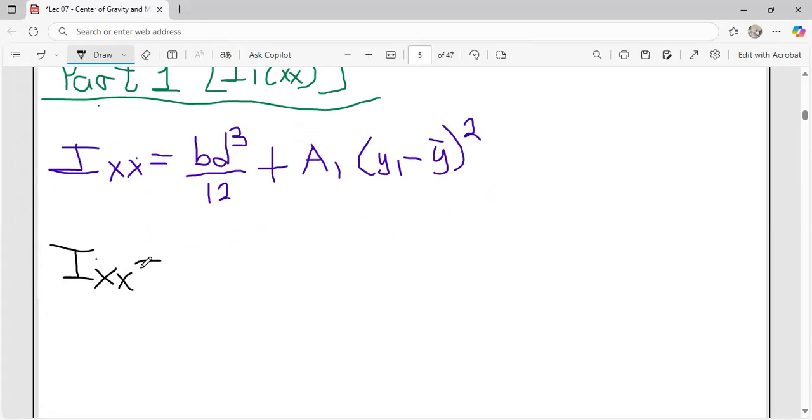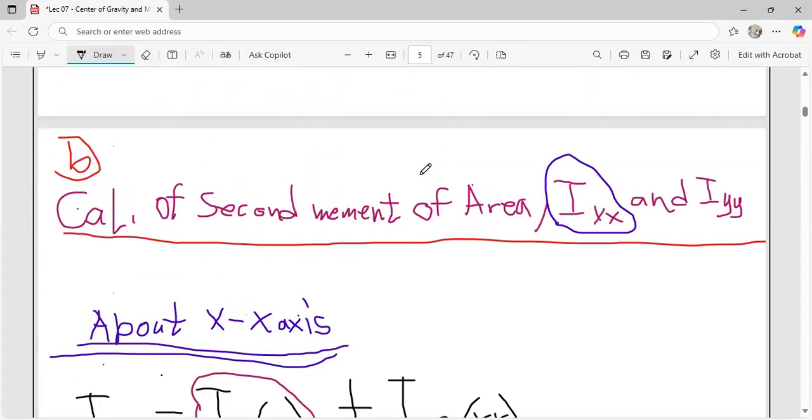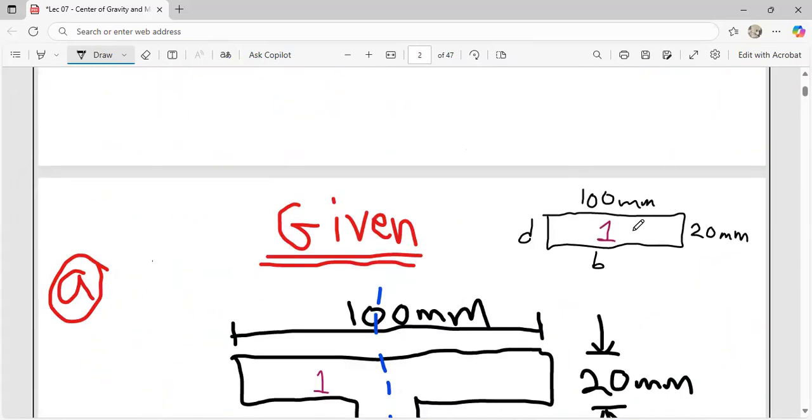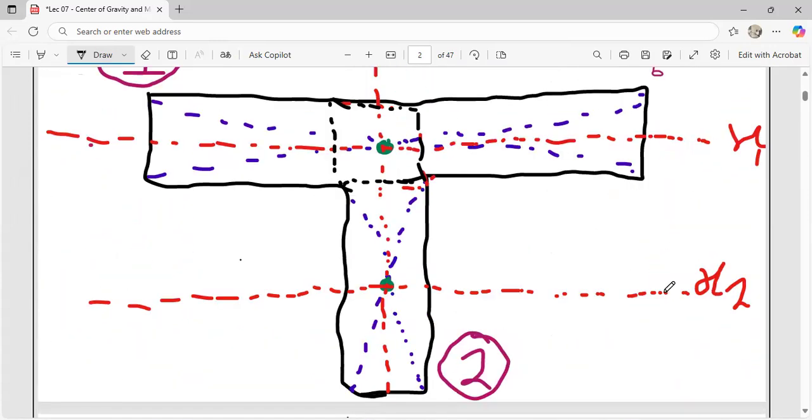We just have to quickly substitute our parameters into the formula and move forward. We are still solving part 1. The value of our B of part 1 was 100. This is it over here. B was 100 and D was 20.